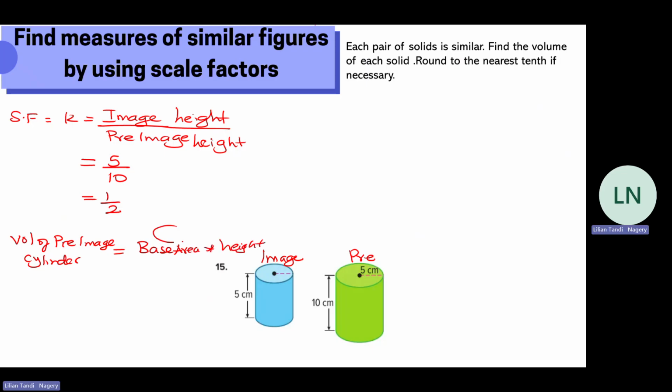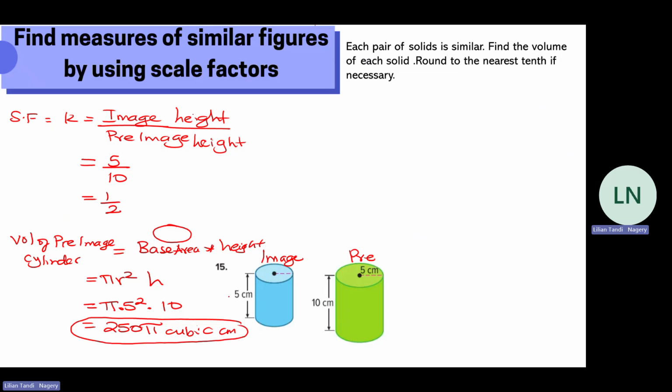Your base area is a circle, so you're gonna do pi r squared, multiplied by the height. So this is pi 5 squared, and you multiply by the height, which is 10. So this is 250 pi cubic centimeter. And you circle your answer.